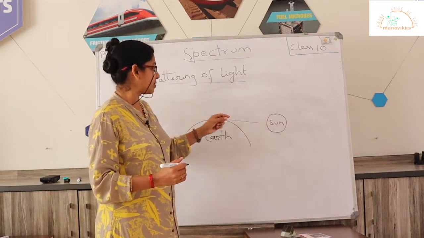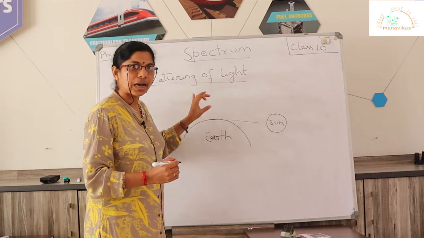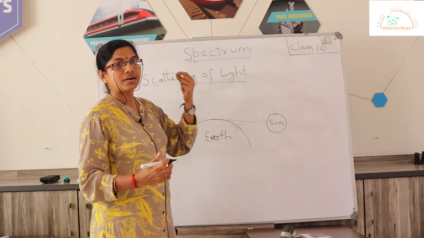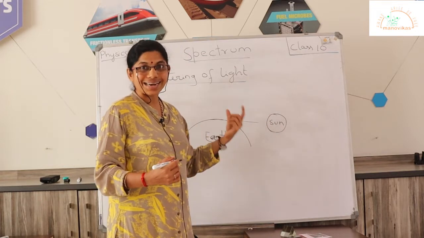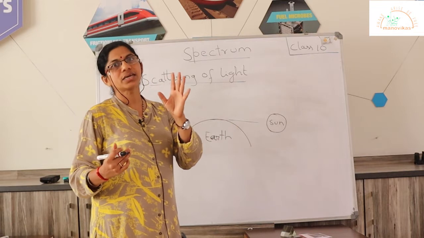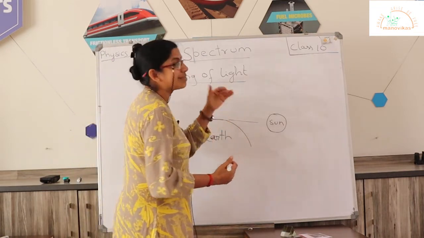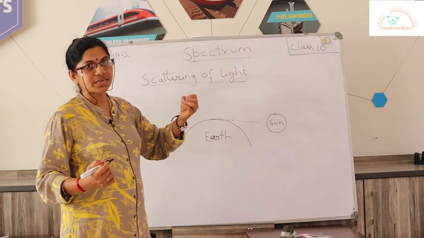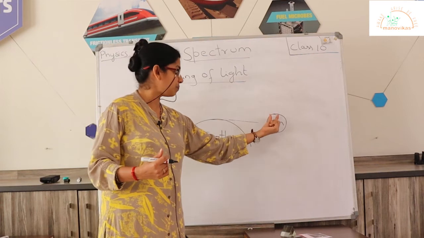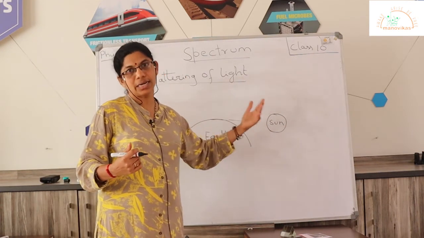Suppose the observer is observing the sun from here. Due to this distance involved, as you have already learned, red color has the longest wavelength and violet color has the shortest wavelength. Red color, since it has a longer wavelength, will travel faster. The speed of red color is much faster as compared to violet color.